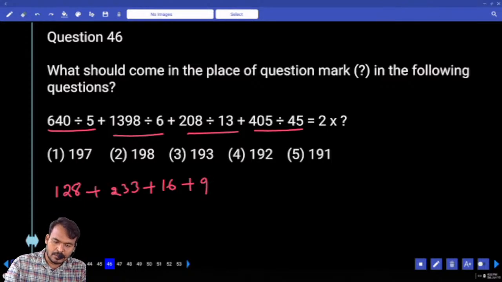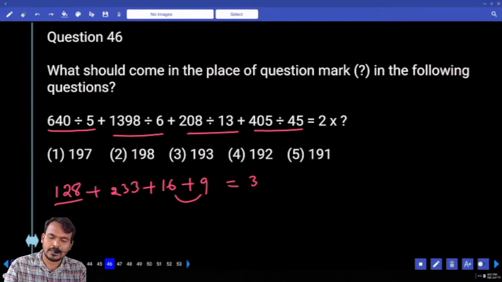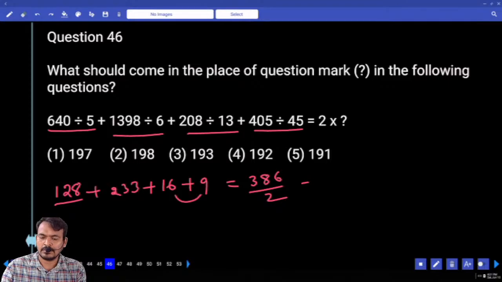Okay, 16 plus 9, 25. 128 plus 25, 153, plus 233, 386 divided by 2. What is the answer? 193.